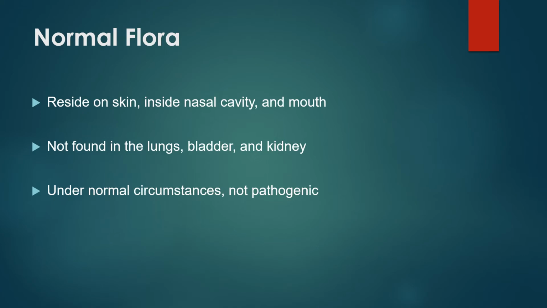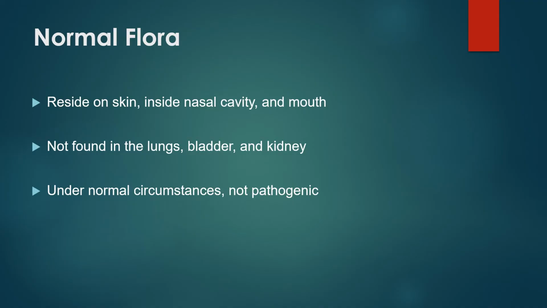They're not found in areas that are considered sterile, such as the lung, the bladder, the kidney. Those areas are sterile and you will never find these microorganisms living in there. Different areas or different cavities in the body will tend to host different varieties of microorganisms when we're looking at these normal flora.